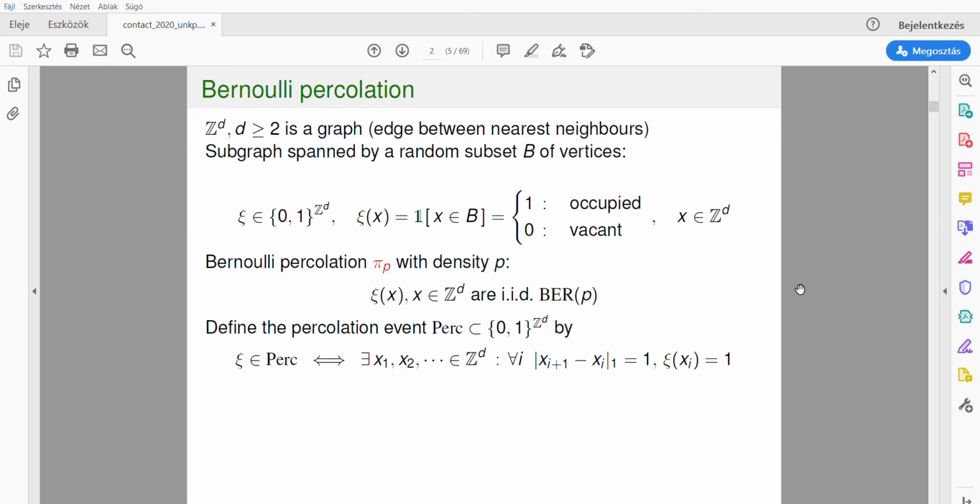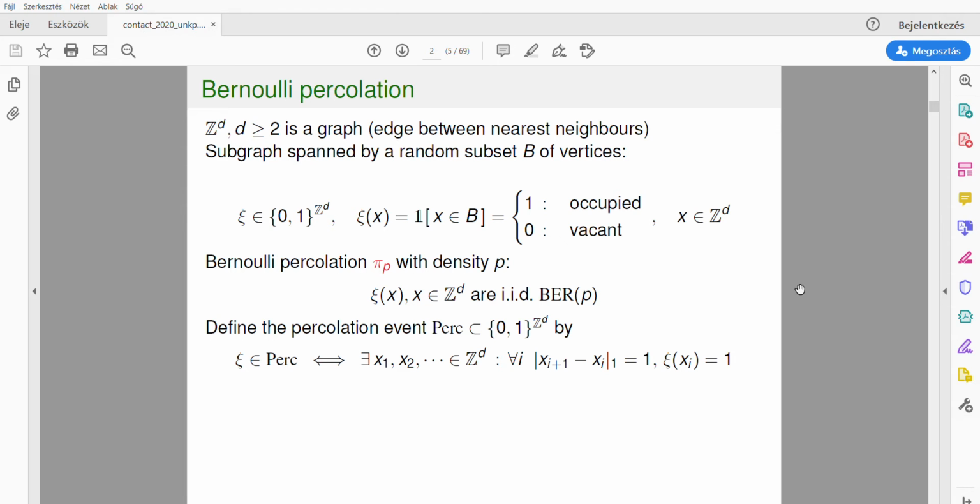So this percolation event is just a subset of possible configurations, namely it consists of those configurations of zeros and ones for which there exists a nearest neighbor path in Z^d, x1, x2, x3, and so on. These are the vertices of this path.